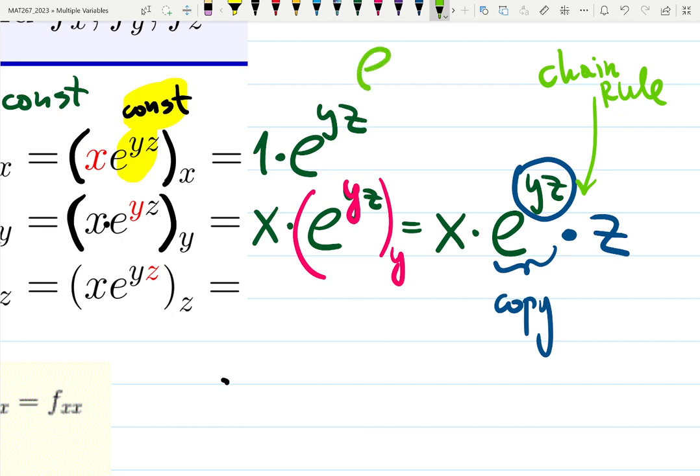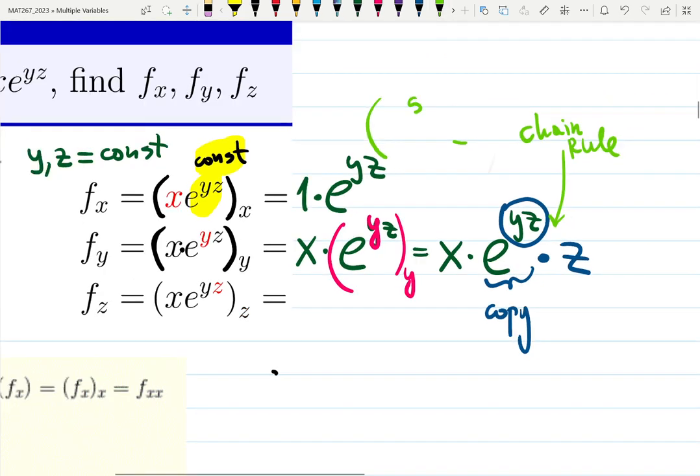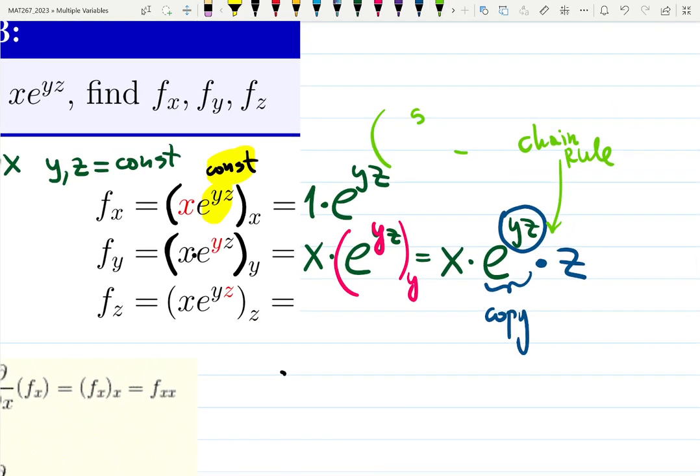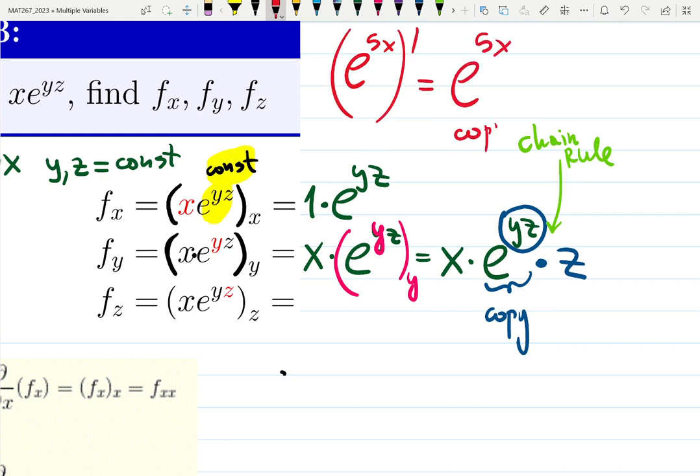So let's review. e to the 5x prime is copy multiplied by the derivative of the function inside. And the function inside is 5x. So the derivative of that is 5. Review.